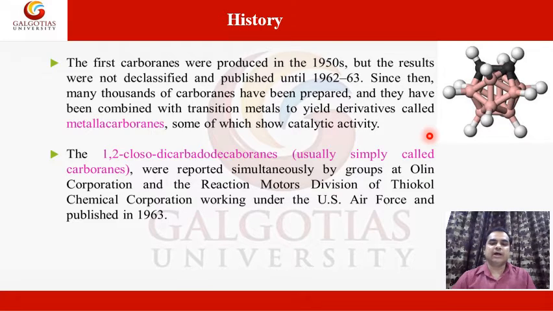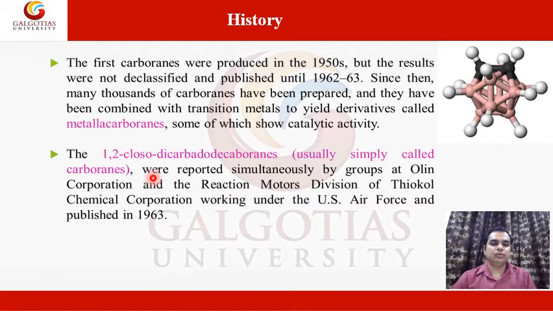Carboranes are also known as heteroboranes because boranes are compounds mainly made up of boron and hydrogen atoms. When we add some other atoms like carbon in the borane compound, they are referred to as heteroboranes. That's why these are also referred to in the category of heteroboranes.